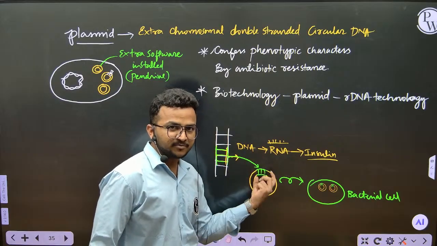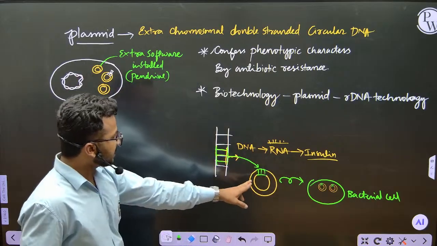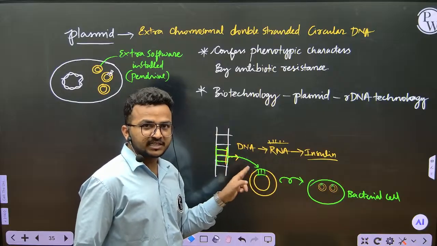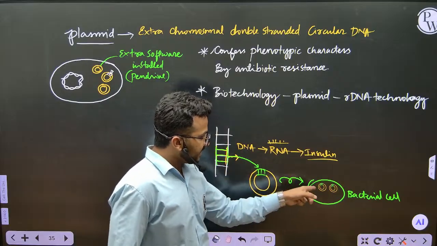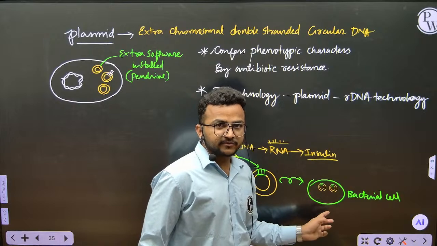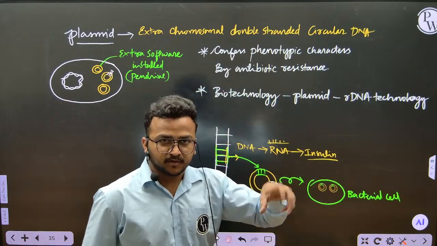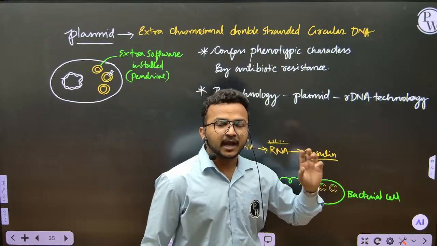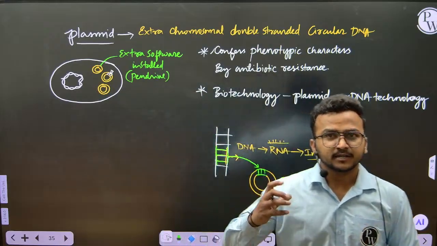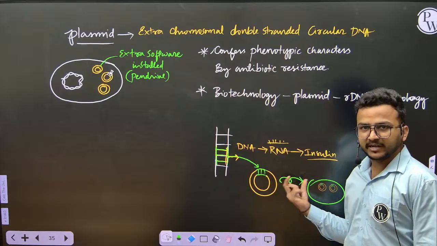They will cut the original plasmid, insert our gene of interest, and again introduce it to the bacterial cell. When they introduce it, the plasmids will replicate, creating the same copies, resulting in the doubling of our gene of interest also.